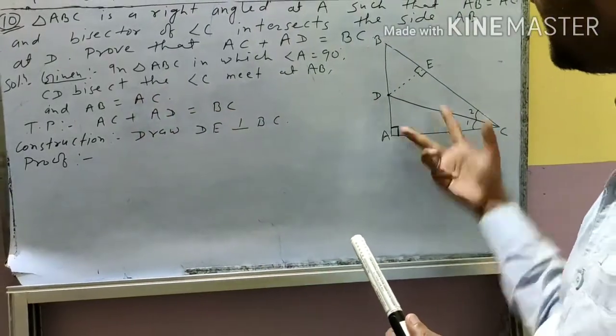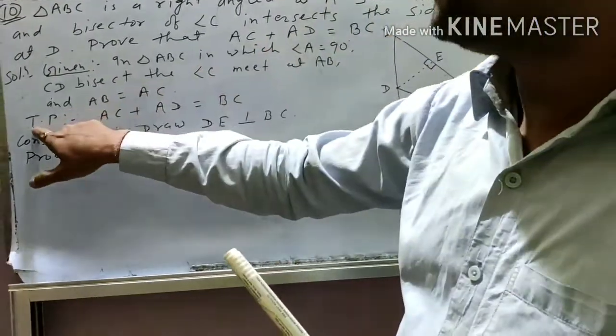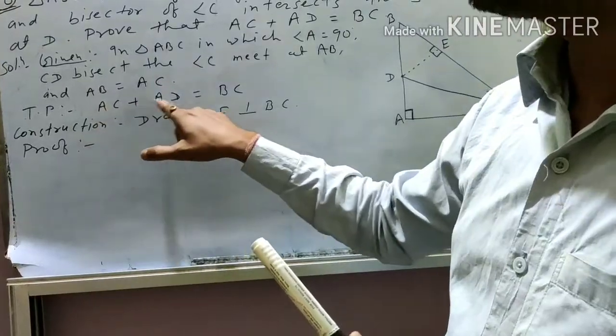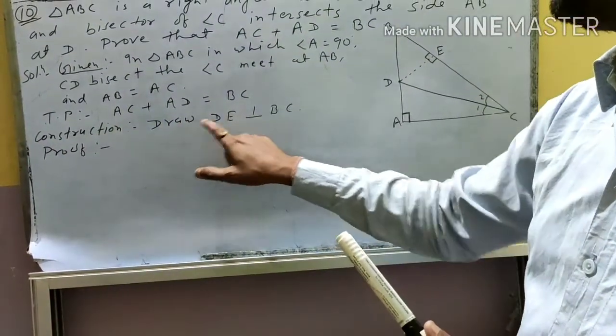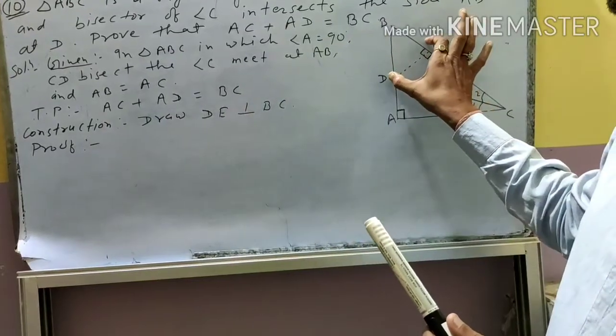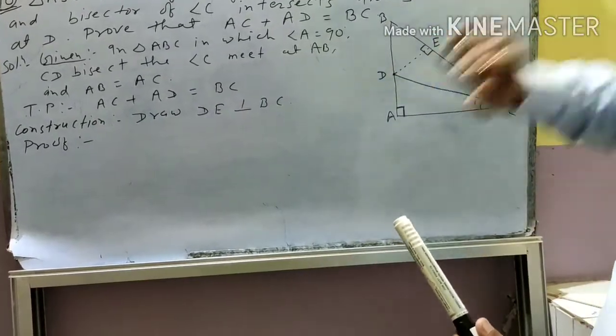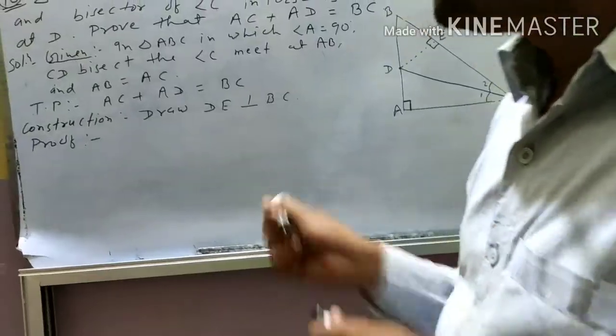That means this side is equal to this side. To prove: AC plus AD is equal to BC. Construction: draw DE perpendicular to BC.